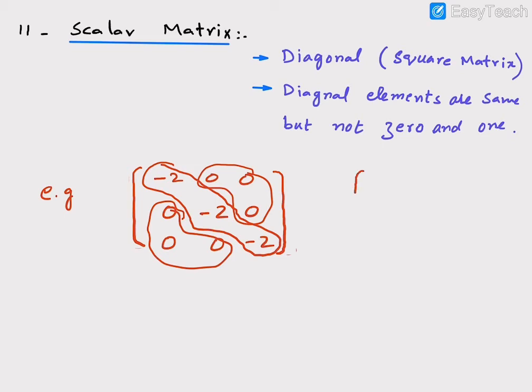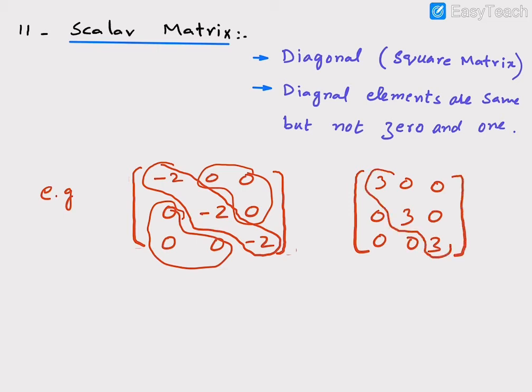Other examples of scalar matrix, you can see 3, 3, 3, 0, 0, 0, 0, 0, 0 here. So if the diagonal is same, then it is called a scalar matrix, but it should not be 0 and it should not be 1. Why? Because if it is 0, it will be a null matrix, and if it is 1, it will be an identity matrix or unit matrix.